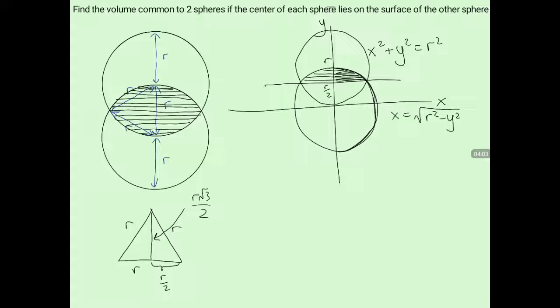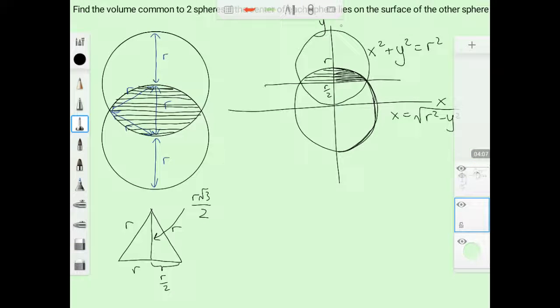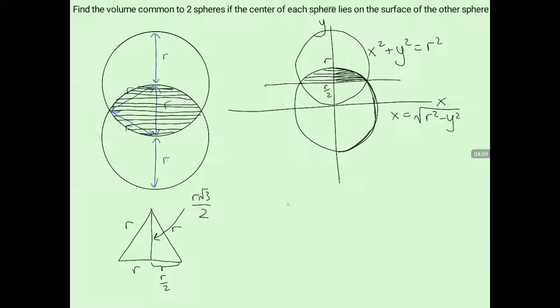So if we want to establish an equation, what we can do is write down an integral. So the volume is going to be 2 times the integral from r over 2 to r, and it's going to be the integral of pi times the radius squared.